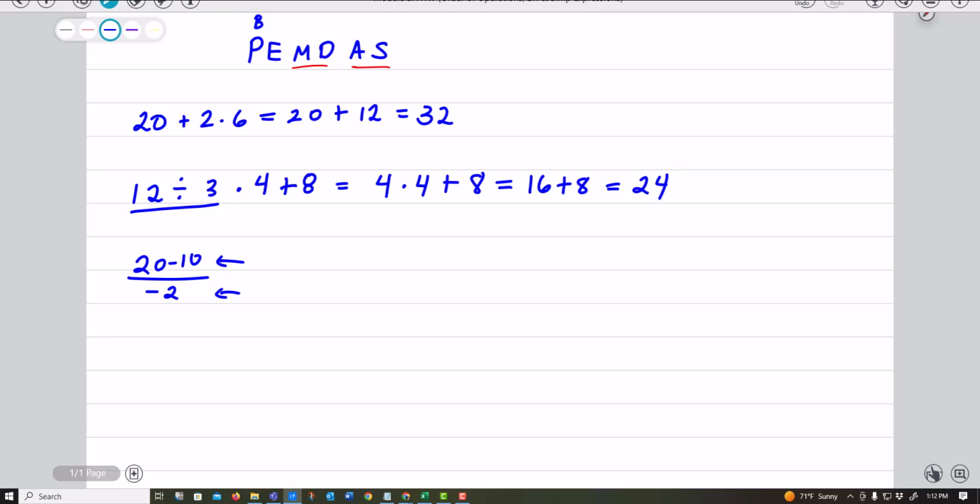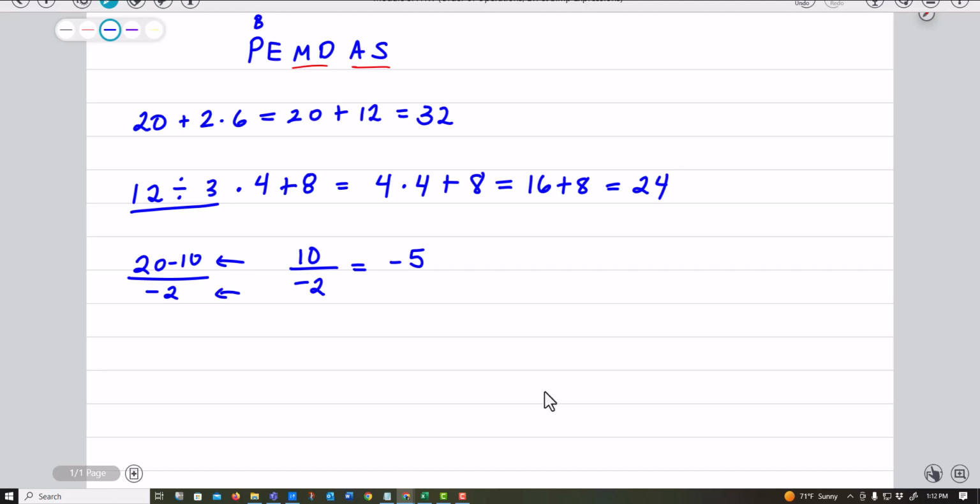So in other words, I want to do 20 minus 10, which is 10. Nothing really to do on the bottom. And then I know 10 divided by 2 is 5, but I have a negative. So I need to be careful that I bring my negative. When I have a positive and a negative, I end up with a negative.